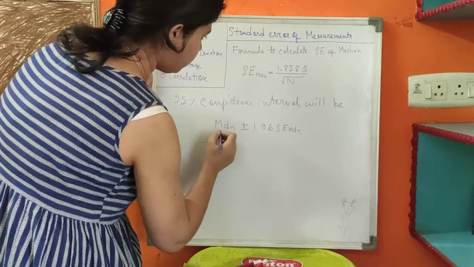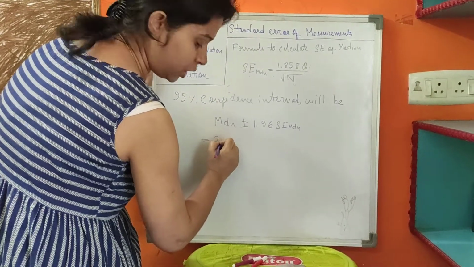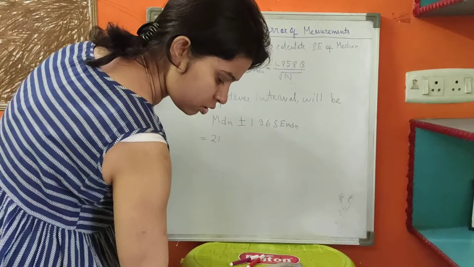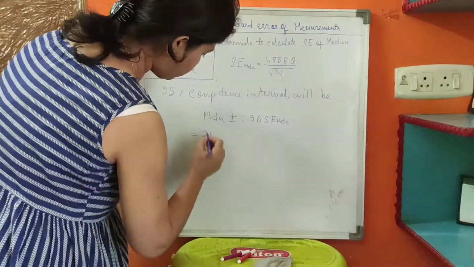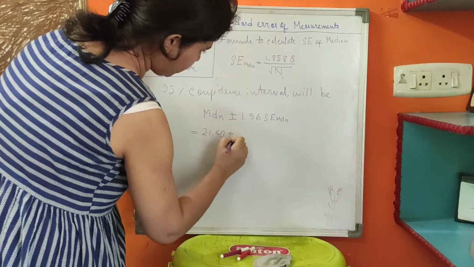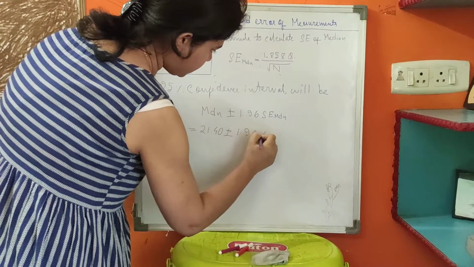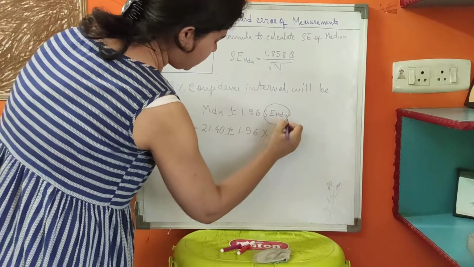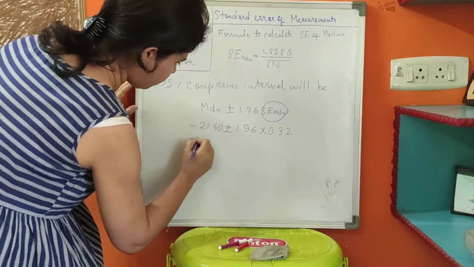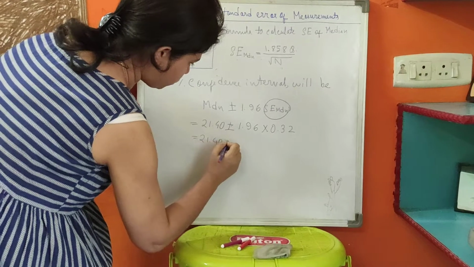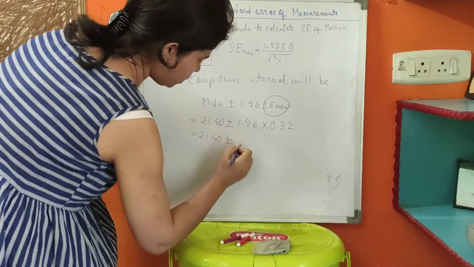The median value here is 21.40, plus minus 1.96 into the standard error of median we found here, 0.32.